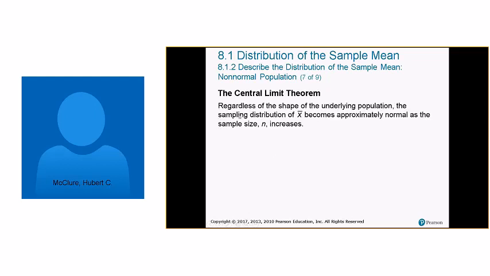The central limit theorem. Regardless of the shape of the underlying population, and you might want to write this down just for knowledge. Regardless of the shape of the underlying population, the sampling distribution of X bar becomes approximately normal as the sample size increases. That's the central limit theorem.